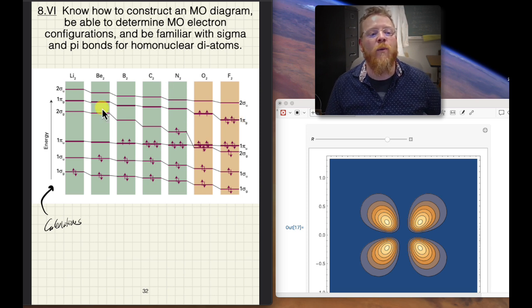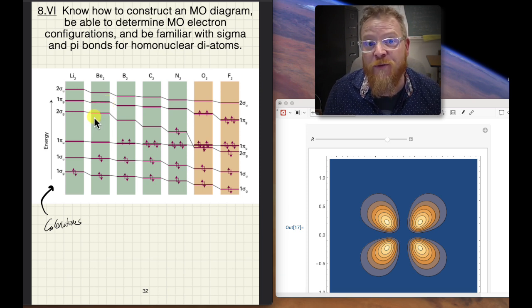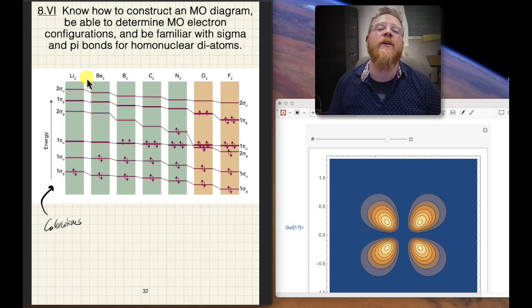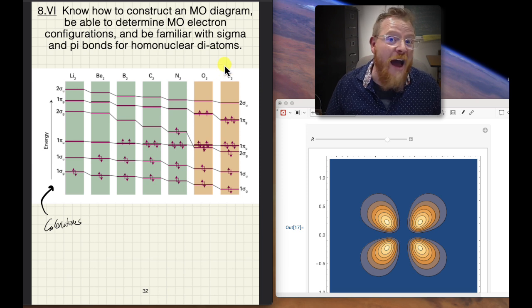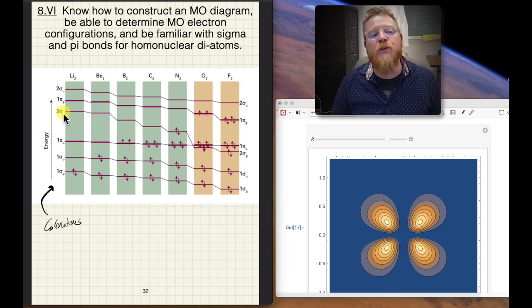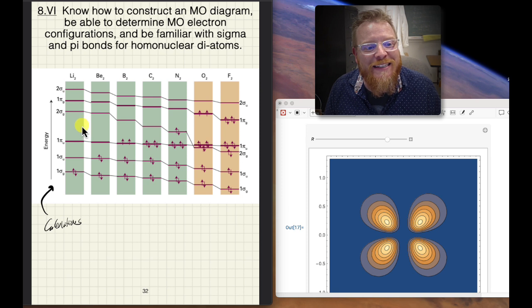Notably, lithium-2 and beryllium-2 don't have p orbitals available to them, right? Both lithium and beryllium only exist in the 2s subshell. But once we get into boron and then onto carbon, nitrogen, oxygen, and fluorine, those have 2p electrons available. And so our 2 sigma bond is going to have mixing from both the 2s level and the 2pz level.